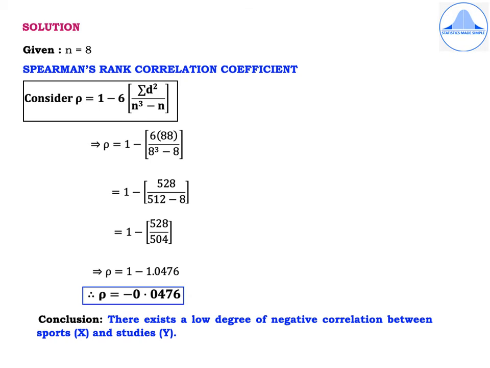Therefore, rho is equal to minus 0.0476. Conclusion: there exists a low degree of negative correlation between sports, that is X, and studies, Y.